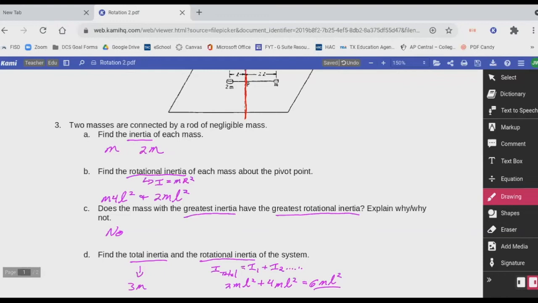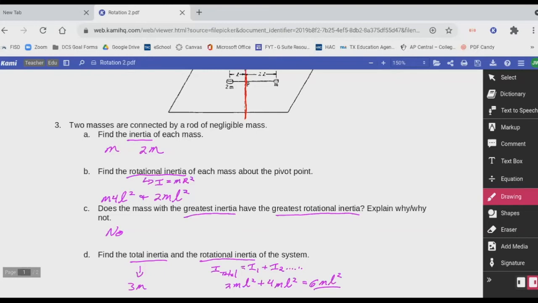Yes. It says, does the mass with the greatest inertia, which means the largest mass, have the greatest rotational inertia? Let's look at B. The smaller mass has a rotational inertia of 4ml squared. That's the small one. The larger mass has a rotational inertia of 2ml squared.